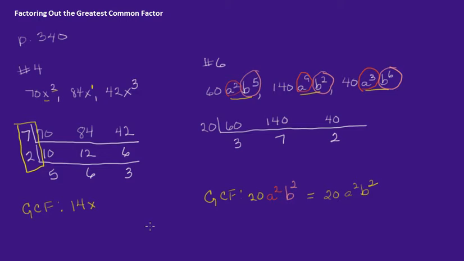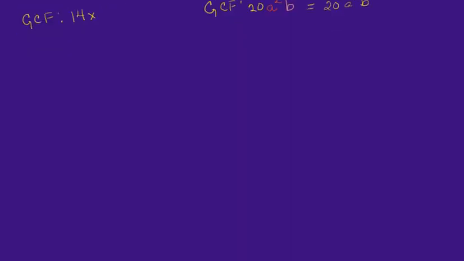Now, let's look at some more terms here. Let's look at some more problems in this section and see how we go about working those. Let's really bump this up a whole lot of notches. Let's look at number 14, still on page 340.